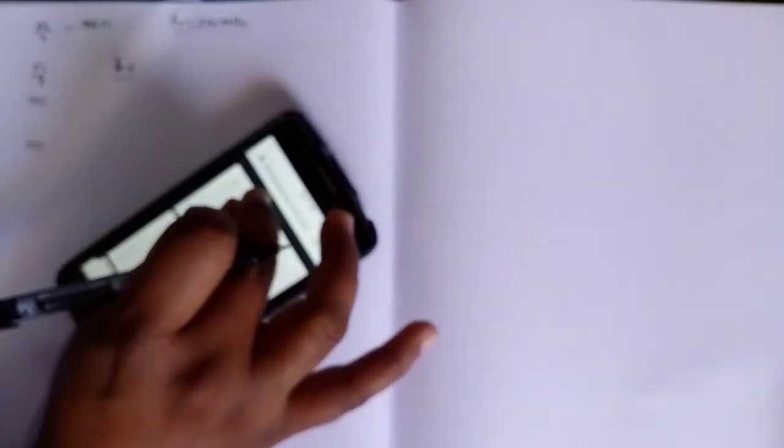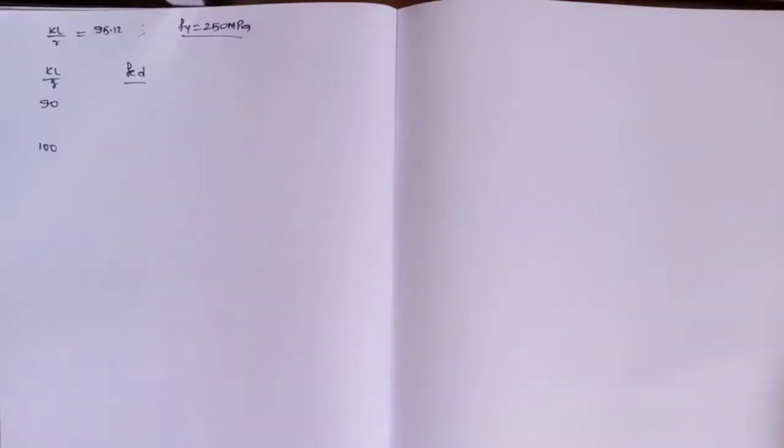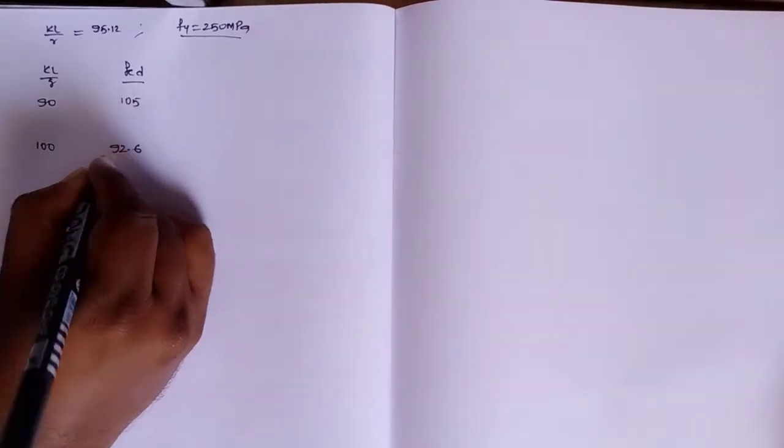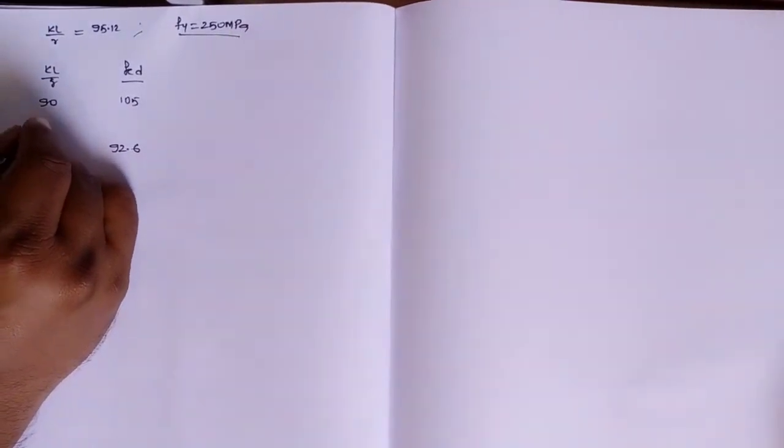Right, this is table number 9C, for fi 250, for 90 it is 105, and for 100 it is 92.6. We require it at 95.12.